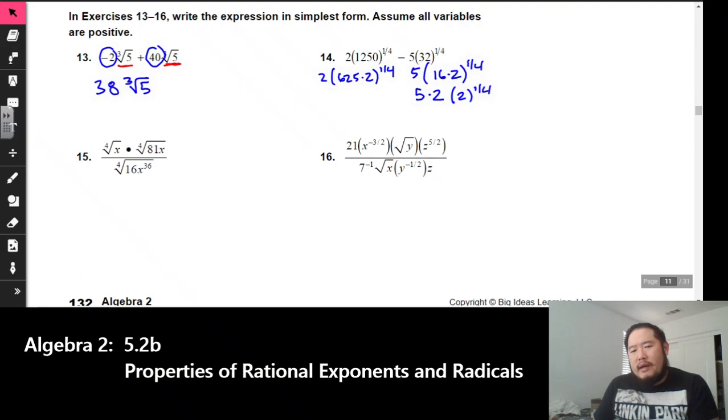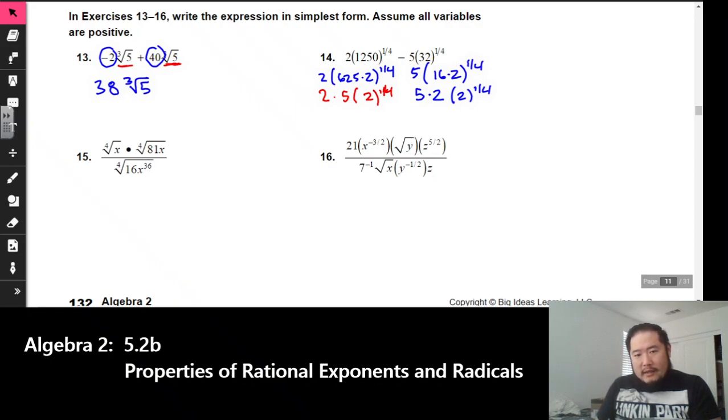Well, let's see right here. 625, can I take the fourth root of that? It looks like I can, and that will get me 5. So I'll have 2 times 5, and then I'm left with 2 to the 1/4 power. And guess what?